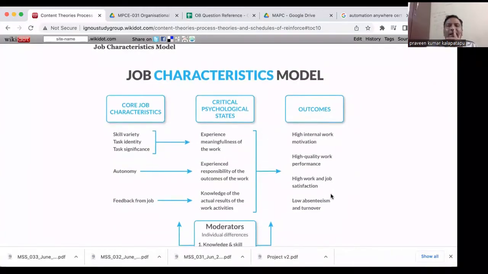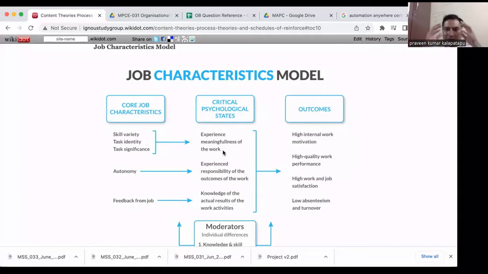So what exactly is triggering it? For example, if you have a skill, you know the task, you know the significance of the task, then you will go through the psychological state of meaningfulness of the work. If you don't have a skill, you don't know the task, you don't know the significance of it, this meaningfulness of work will not come into the picture.